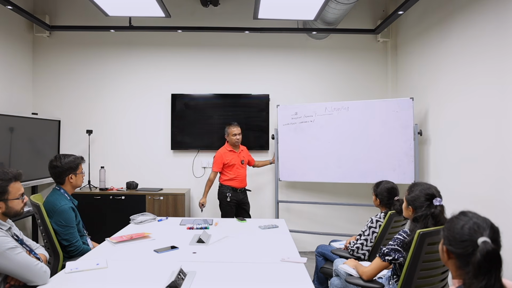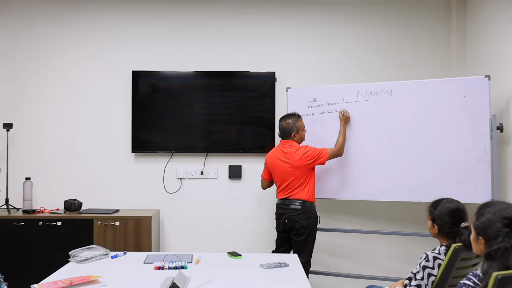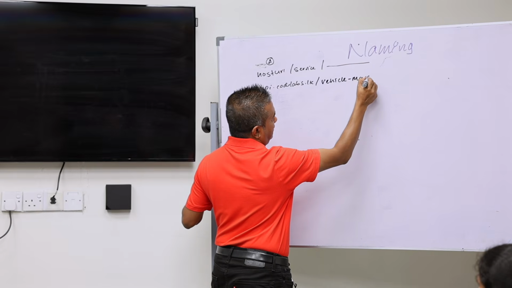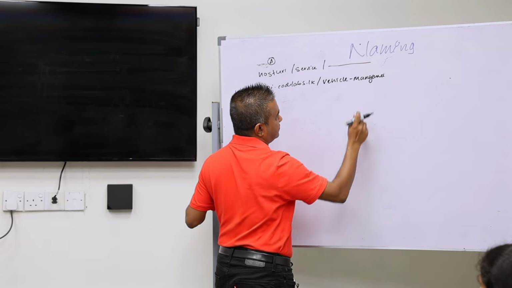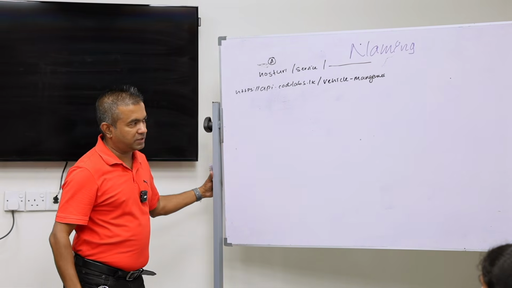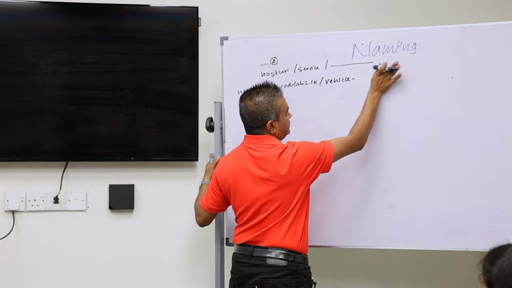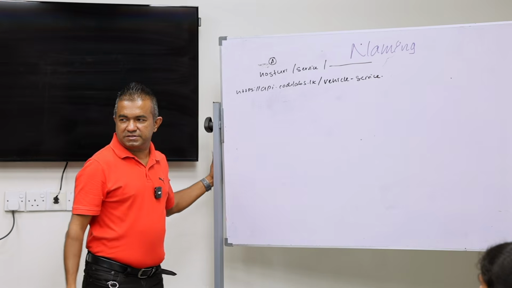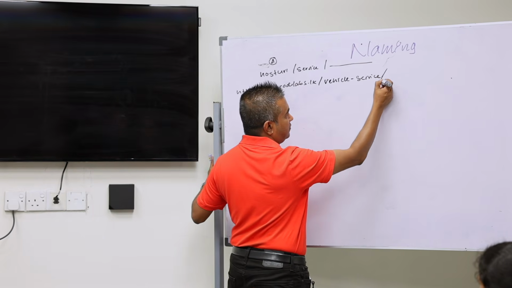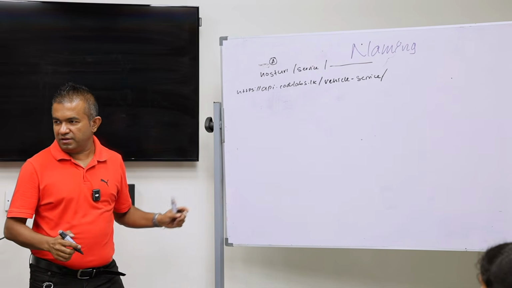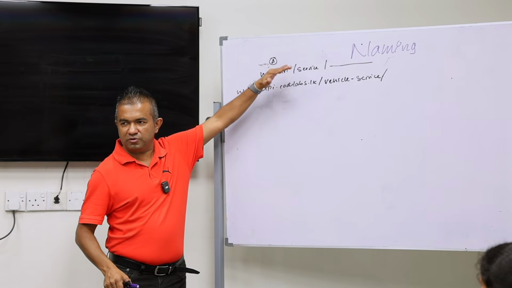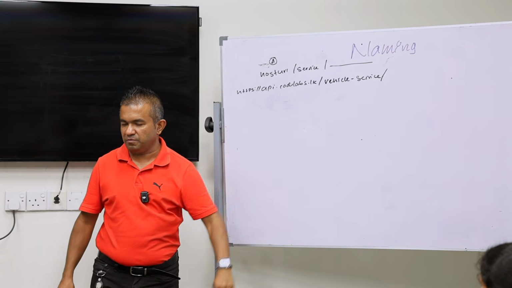We don't have a specific port, and the service name is vehicle management, or let's say vehicle service or something like that. From here onwards only we are going to consider. In the next examples I'm not going to write this part, so you need to understand this is coming from here.